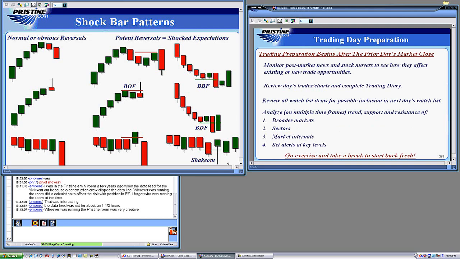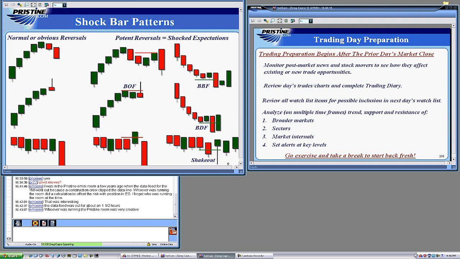You complete your trading diary. Update your watch list for the next trading day. Do your analysis of the broader markets. Has the trend changed? Was there a breakout failure? Was there a breakout of itself? What are the market internals telling you? Go through the various sectors. Set alerts at key levels.